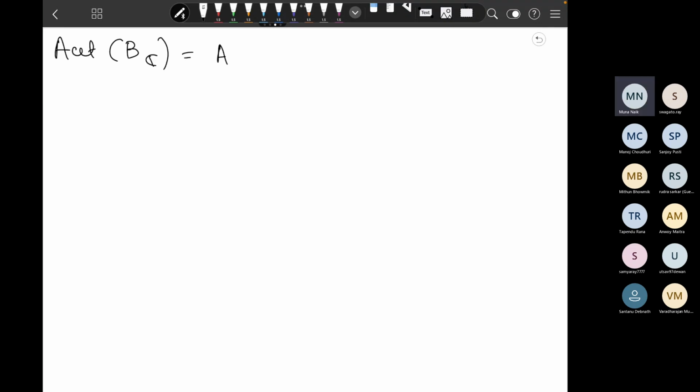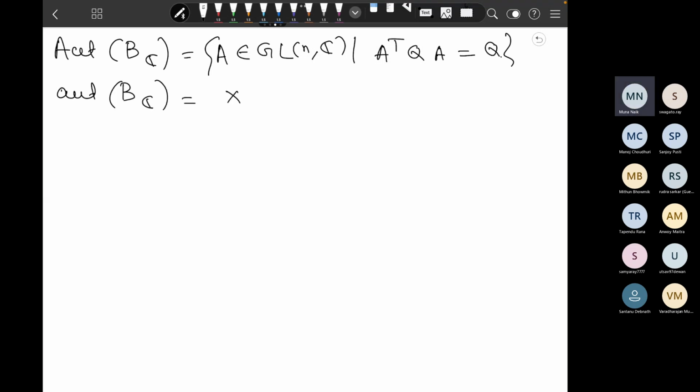This is the set of A belonging to GLNC such that A transpose Q A is equal to Q. Small o(BC) is the set of X belonging to small glNC such that X transpose Q plus QX is equal to 0.